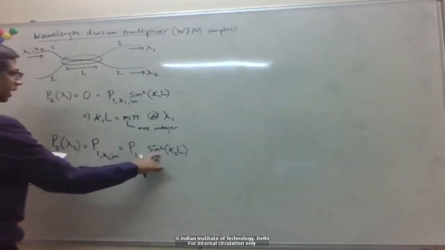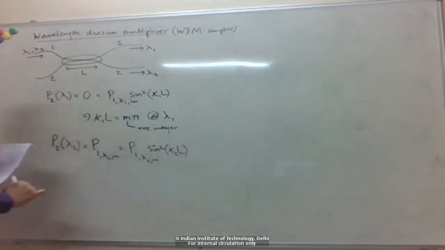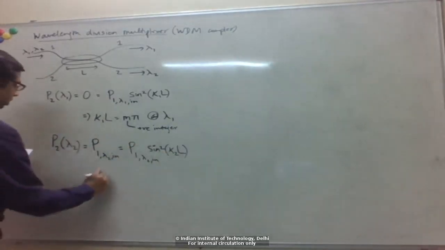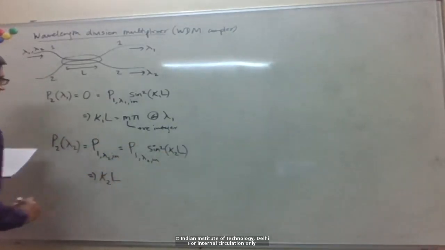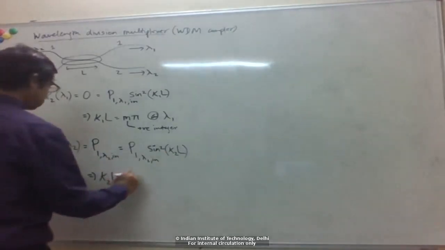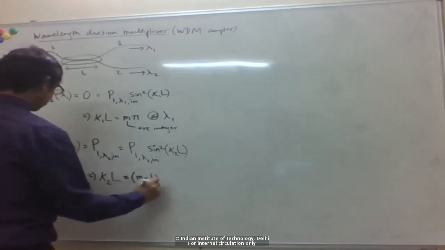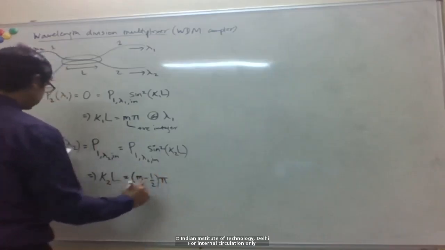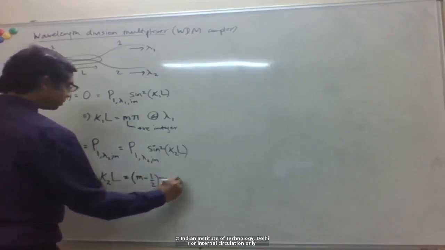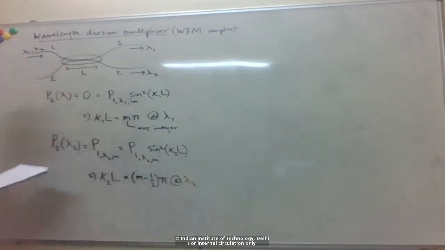So we want sine of kappa L to be 1 now instead of 0. So kappa 2 times L is then some half integer times pi.